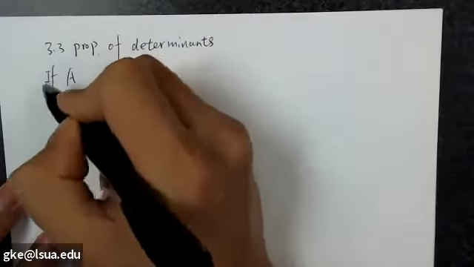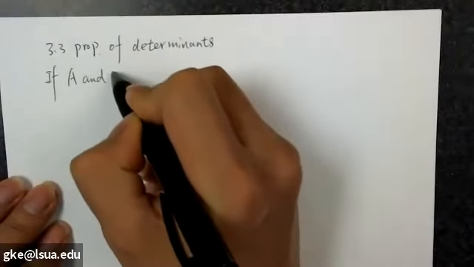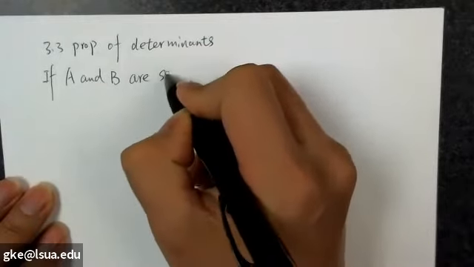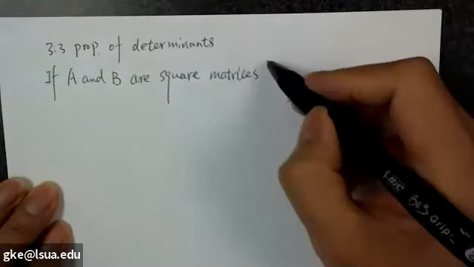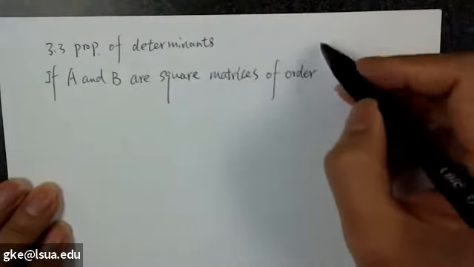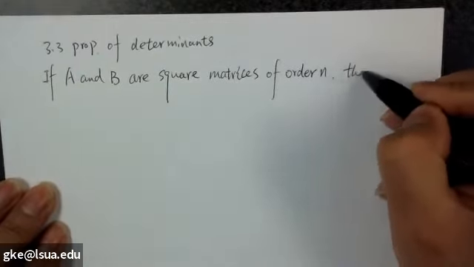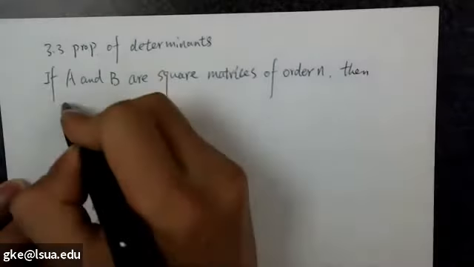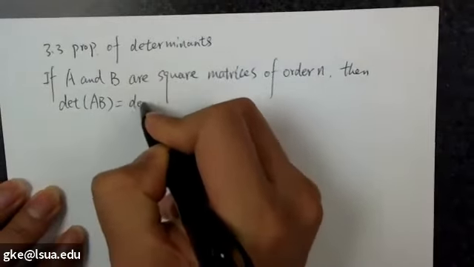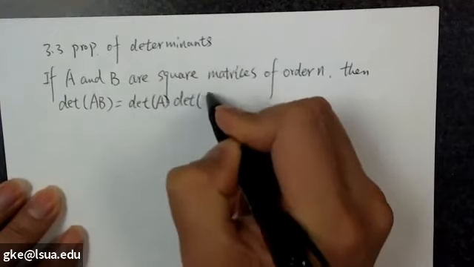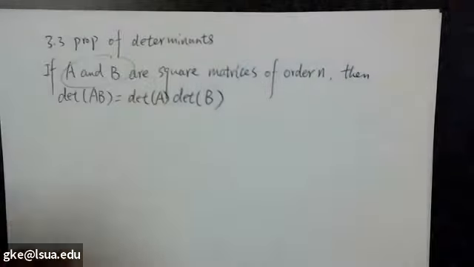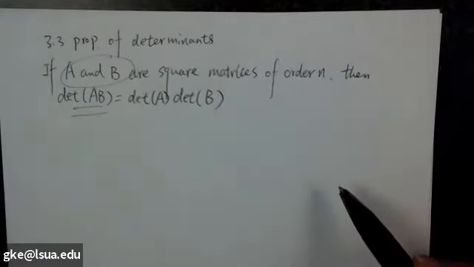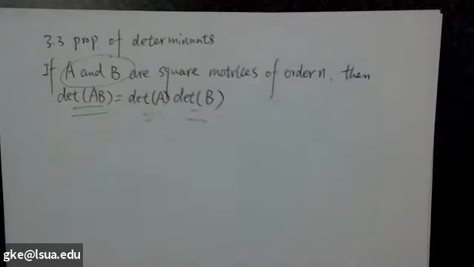If A and B are square matrices of order n, then determinant of AB equals determinant A times determinant B.